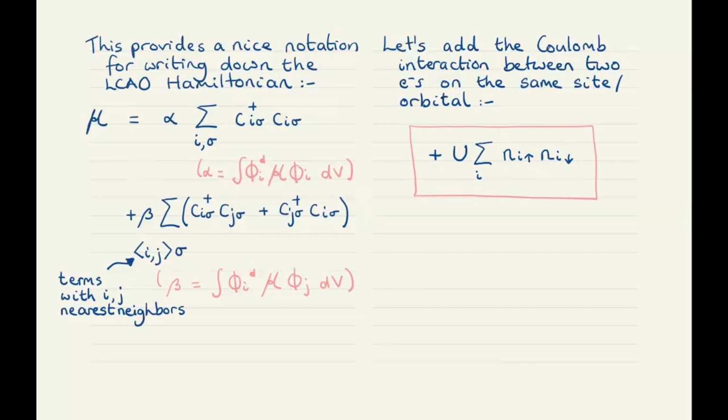One thing I forgot to mention when we wrote down the LCAO Hamiltonian is that the beta term here is negative. It's kinetic energy lowering because it allows the electrons to transfer between adjacent sites. Beta term is negative. Whereas, of course, the U term, the Coulomb repulsion, is positive. It increases the energy of the system.